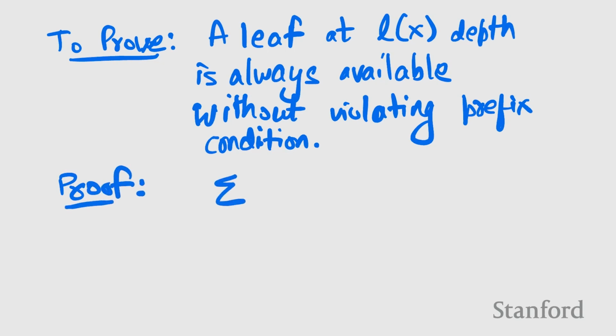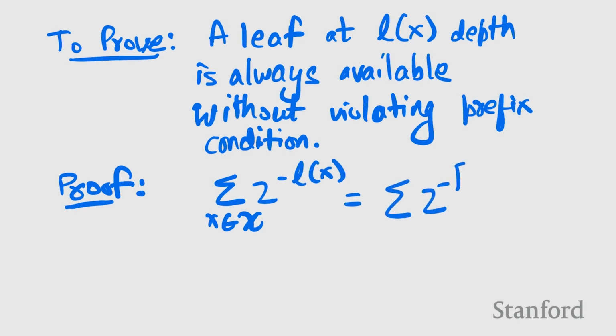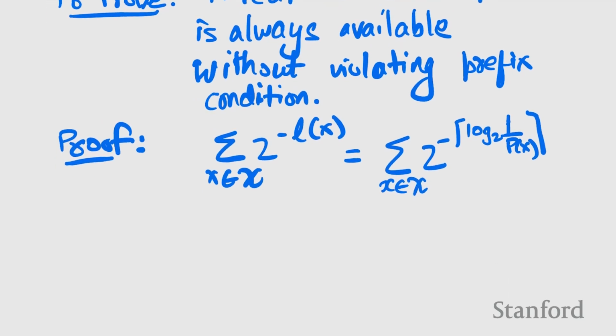So if we take all the things, we take this sum. This sum is 2 power. We know that the length is log base 2 1 over p of x. If you have forgotten the properties of logs, now is a good time to refresh. Now you know that the ceiling of x is bigger than or equal to x.